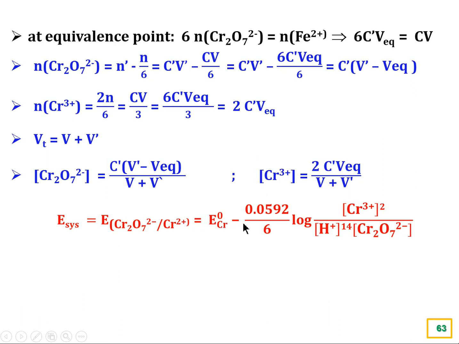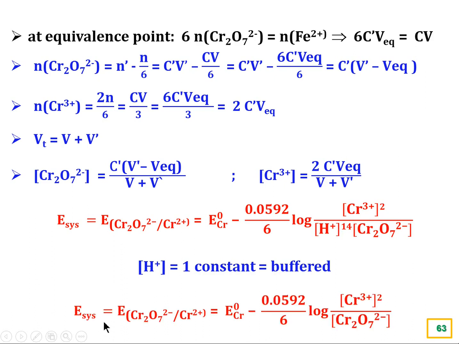We have to correct, E equals E0 minus 0.0592 log ratio of the concentrations, and we find the concentrations since we determined the number of moles. Note that V total equals V plus V prime. So H+ equals 1 molar, and the relation is E of the system equals E0 minus 0.0592 divided by 6 log chromium 3+ squared divided by dichromate.